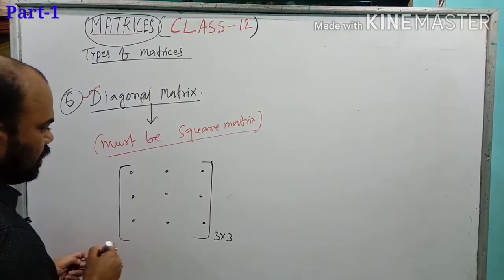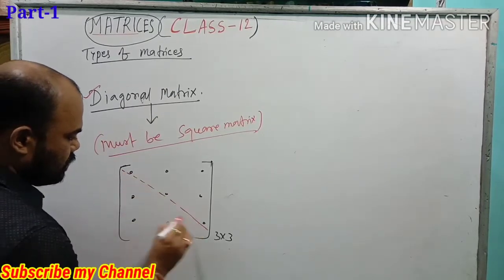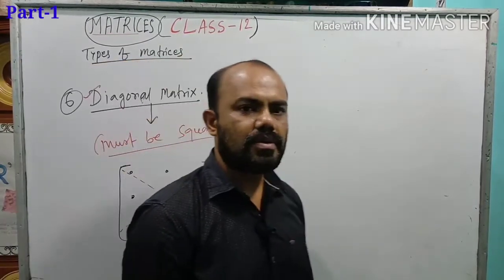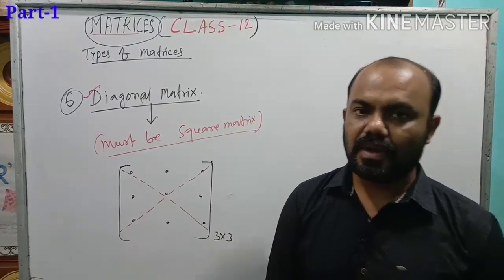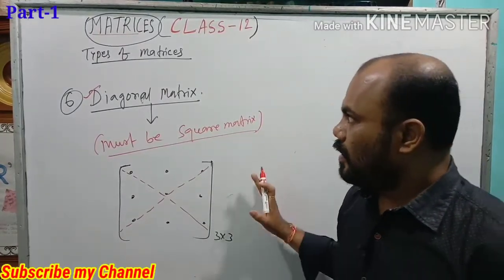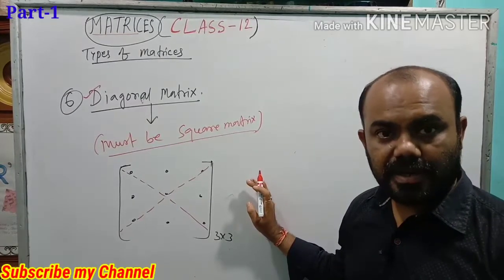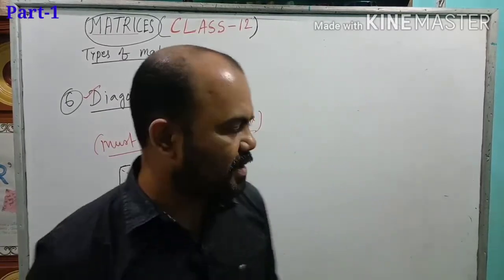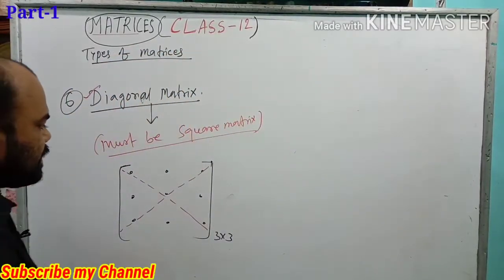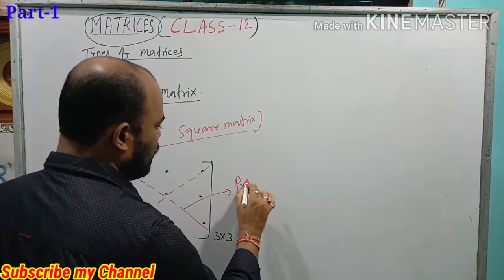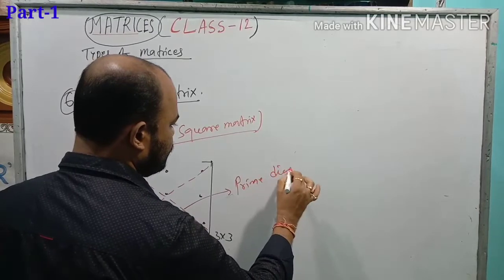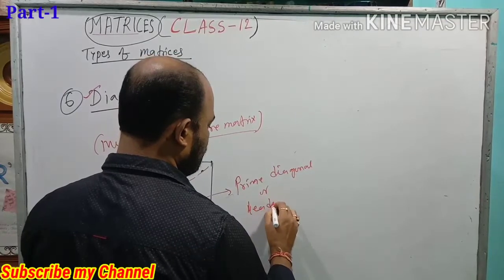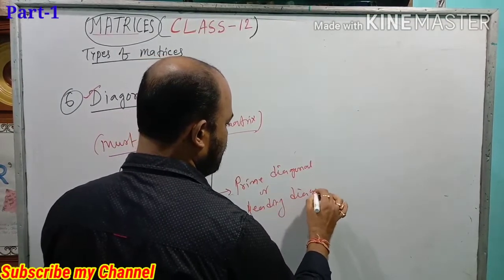Here we can draw two diagonals. If you consider this as a square, then we can draw two diagonals, as we know that in a square there are two diagonals. In the study of matrices and determinants, you will frequently get the diagonal of the determinant or the diagonal of the matrix. In every case, remember that this diagonal is called the prime diagonal or leading diagonal.